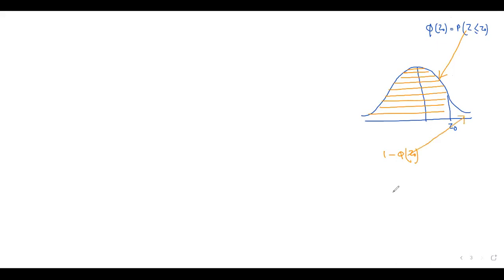Whenever I write 2 into 1 minus phi of Z0, I'm interested in the region shown below. I'm drawing it again.